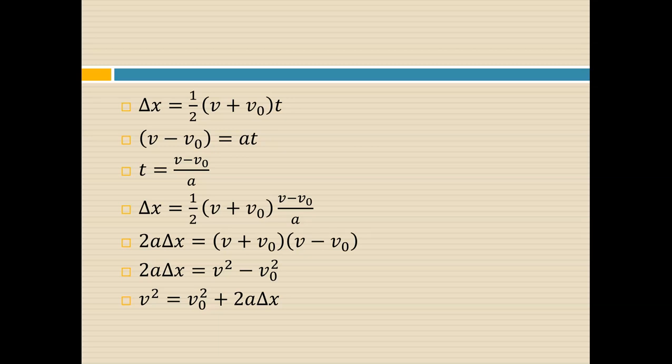Now, again, some of you are looking at me like, why am I going through all of this mess? And the answer is because these equations are the equations you come up with every time you use those velocity-time graphs and acceleration-time graphs under constant acceleration.